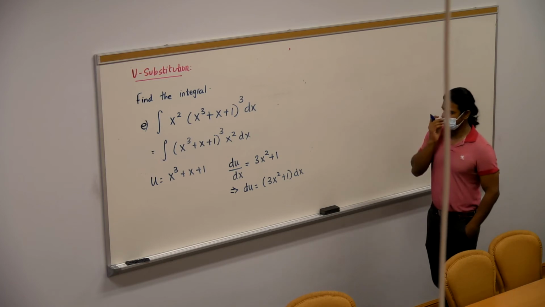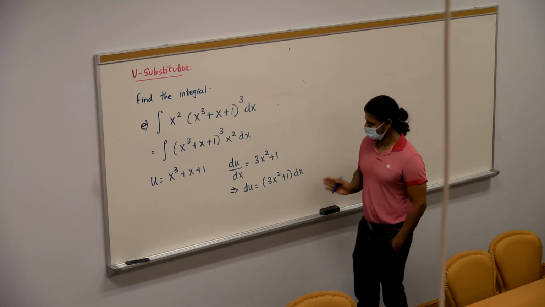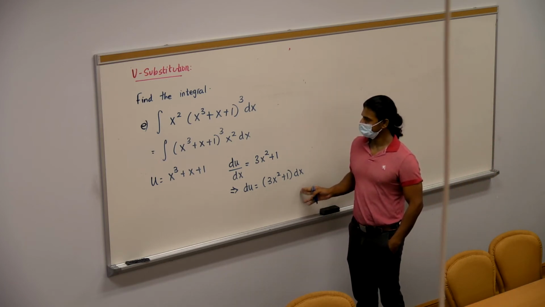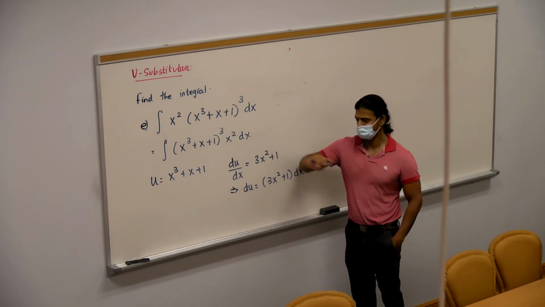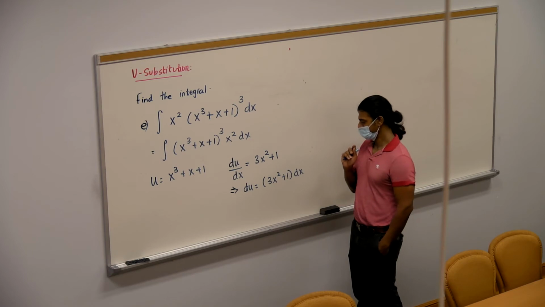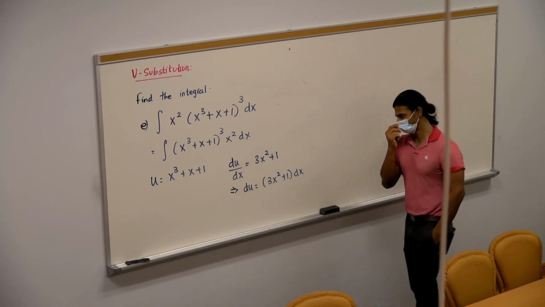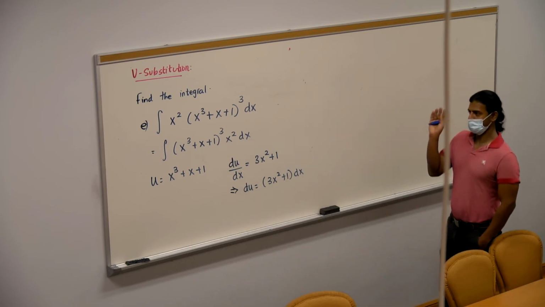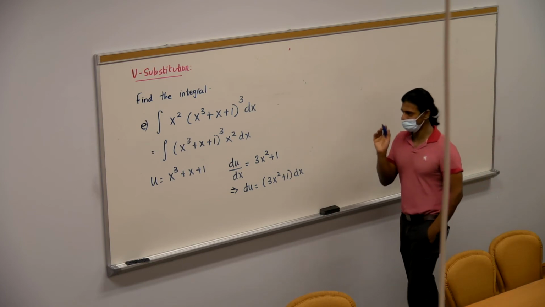And you look at that and you say, well, I don't see anything relevant to just x squared, right? But we may have to just solve for x squared, or we can use a trick here. What is the trick?